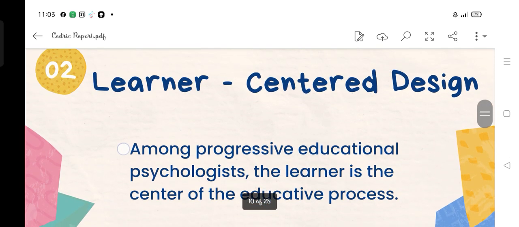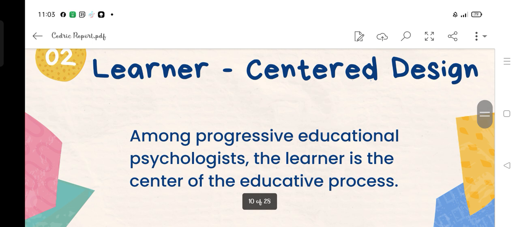This emphasis is very strong in the elementary level, no? However, more concern has been placed on the secondary and even the tertiary levels. Although in high school the subject or content has become the focus, and in the college level the discipline is the center, both levels still recognize the importance of the learner in the curriculum.